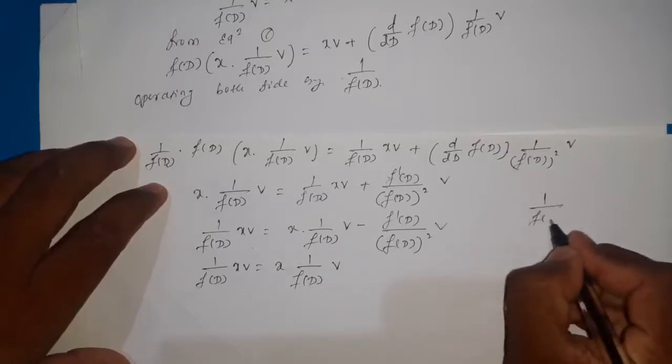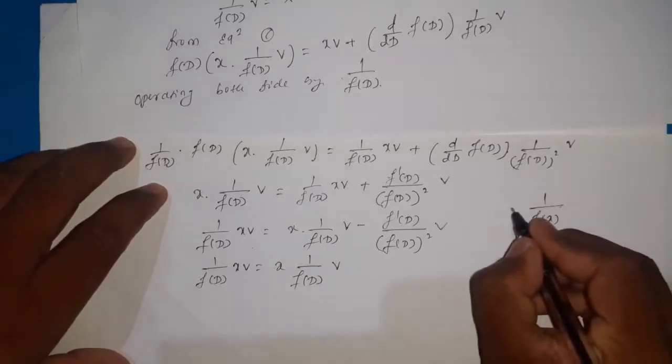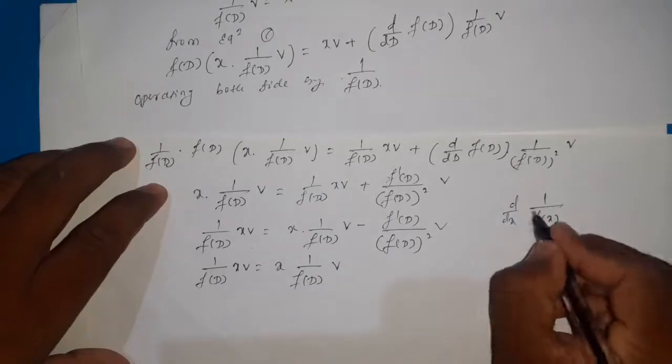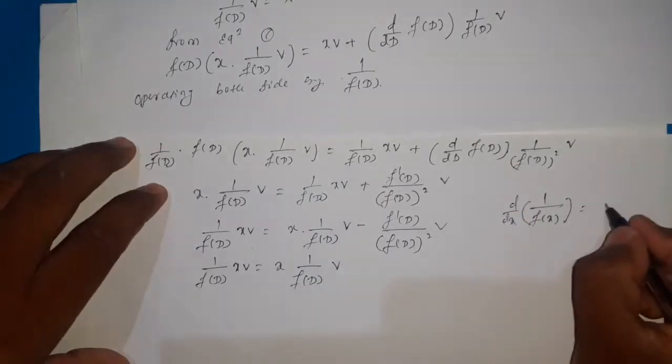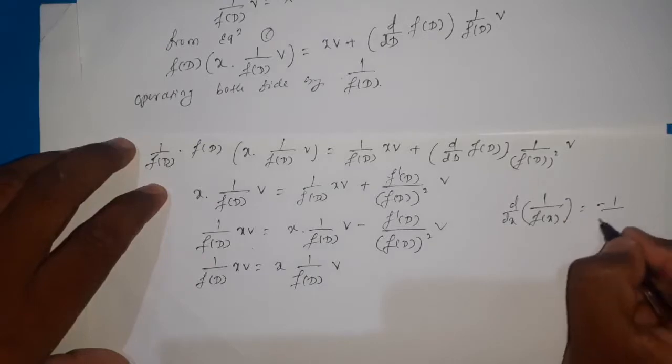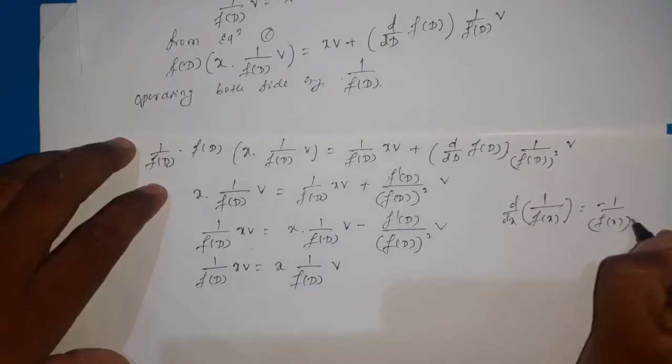So 1 by f of x, differentiation d by dx of this one is what? 1 by x form is minus 1 divided by f of x whole square, and again derivative of this is f dash of x.